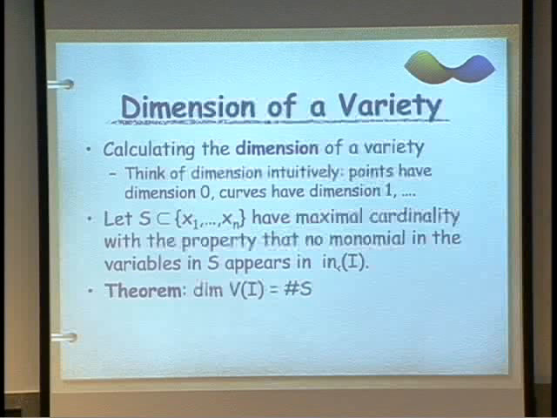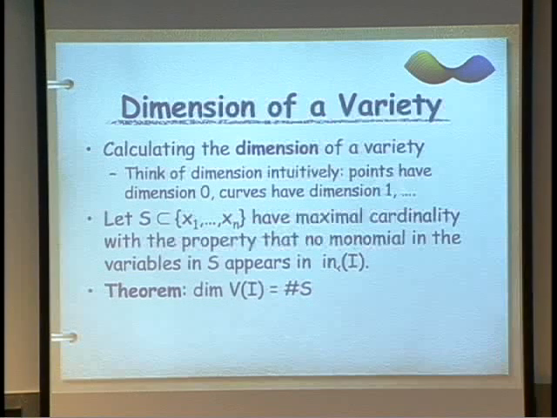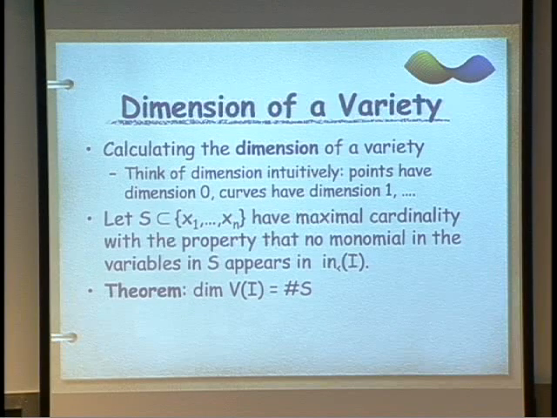Another way of saying it: I'm interested in subsets of the variables such that every monomial in those variables is standard. So we have 10 variables, and maybe there are 3 of them such that every monomial in those 3 is standard. But there might be another 4 somewhere else such that every monomial in those 4 is standard. And the theorem says the dimension of the variety, the intuitive dimension, is equal to the largest cardinality of such a subset of variables.